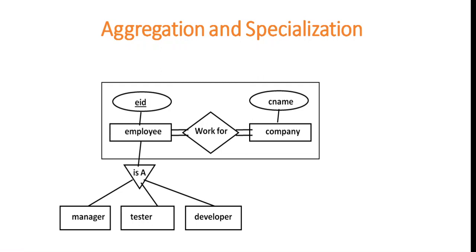So this is also called aggregation, aggregation with the help of specialization. Okay, so this is the concept of aggregation. Here we have two entities sharing one common relationship, and out of these two entities one entity is specialized into subclasses. So this is aggregation and specialization.